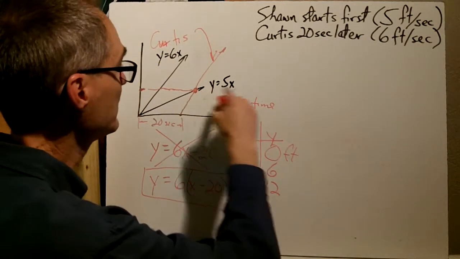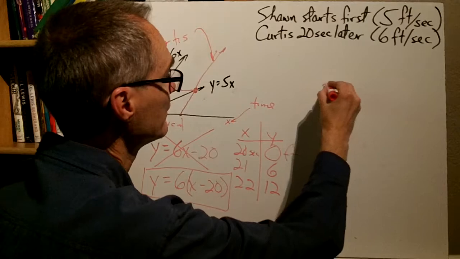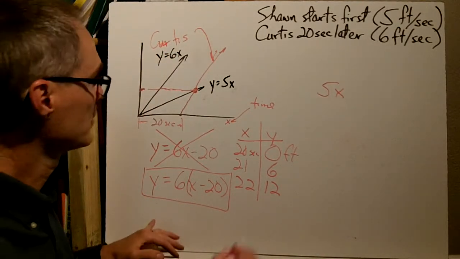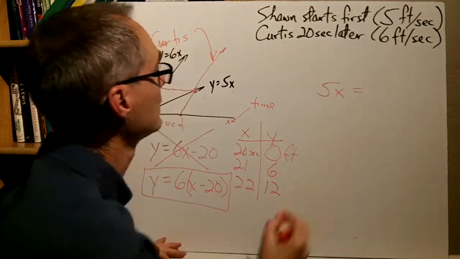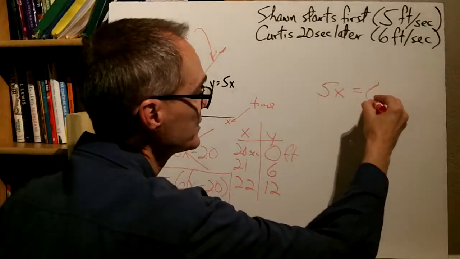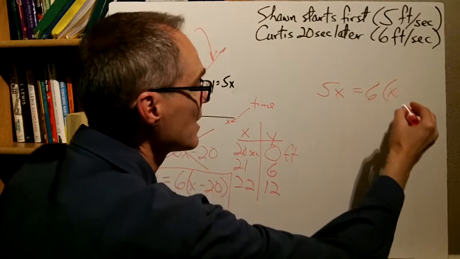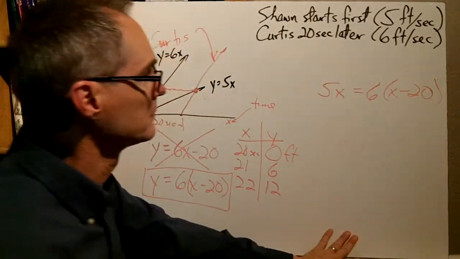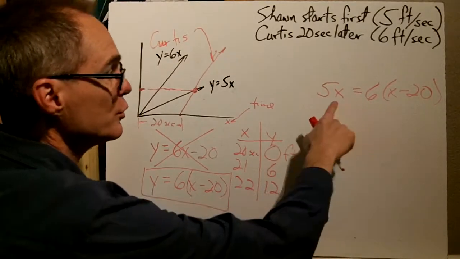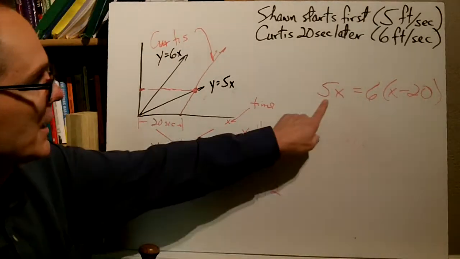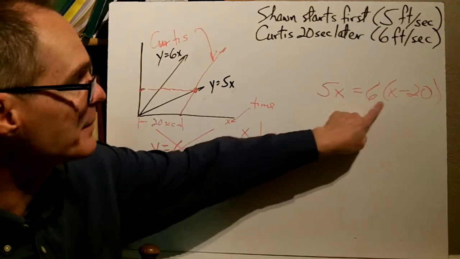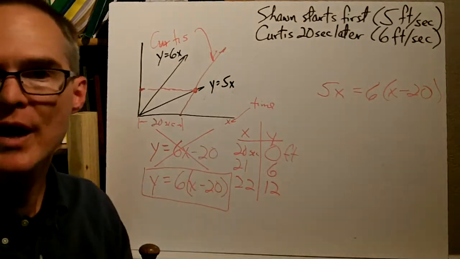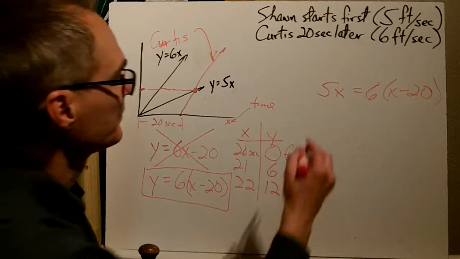At this time, Sean will have walked that far, 5x, and Curtis will have walked this far, 6 times x minus 20. Since those two distances are equal, I just want to know what time value makes those two distances equal. Now I just have an equation that I need to solve for x.